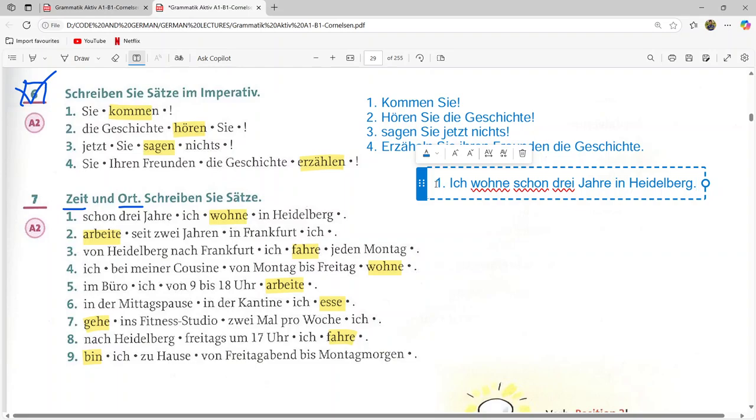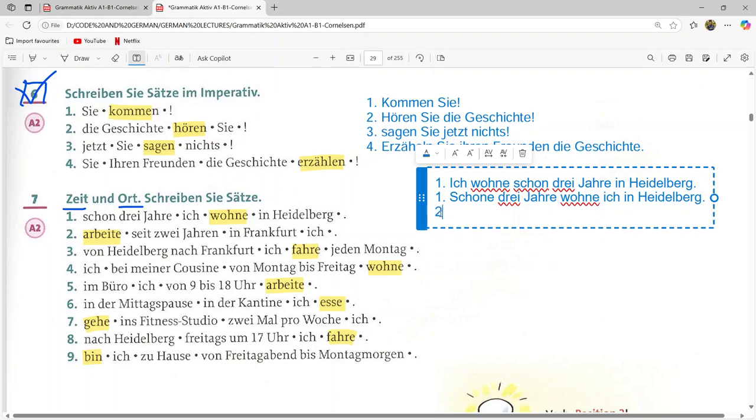No. Also we can write the sentence like this, starting with the time information: schon 3 Jahre, then the verb, wohne ich in Heidelberg. Both the sentences are the same. Next sentence.